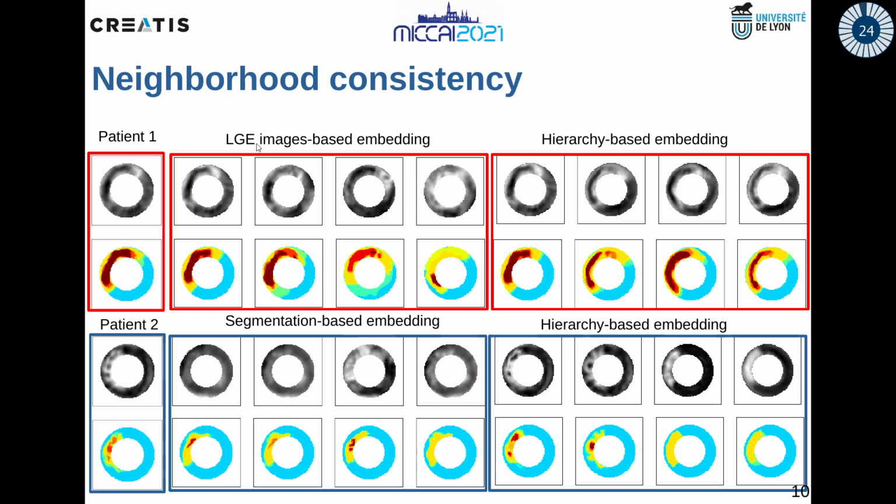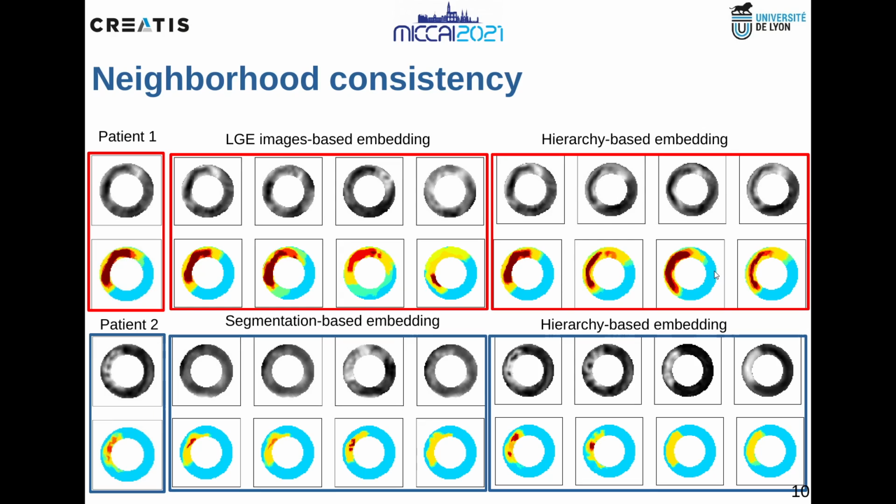What we can see is for the patient 1, in the LGE images based embedding, the images are quite close, which is normal, but the 3rd and 4th segmentations are really different from the original segmentation pattern. In the hierarchy based embedding, we have images really corresponding to the original image pattern of the patient.